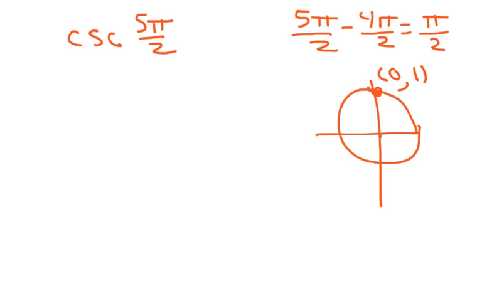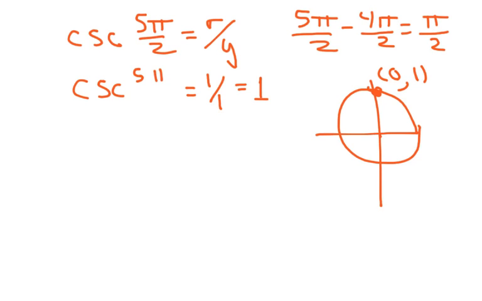And I know cosecant is r over y. My y is 1, so this is 1 over 1, which equals 1. So cosecant of 5 pi over 2 equals 1. Basically, we went around once and then back up to here. That's 5 pi over 2.